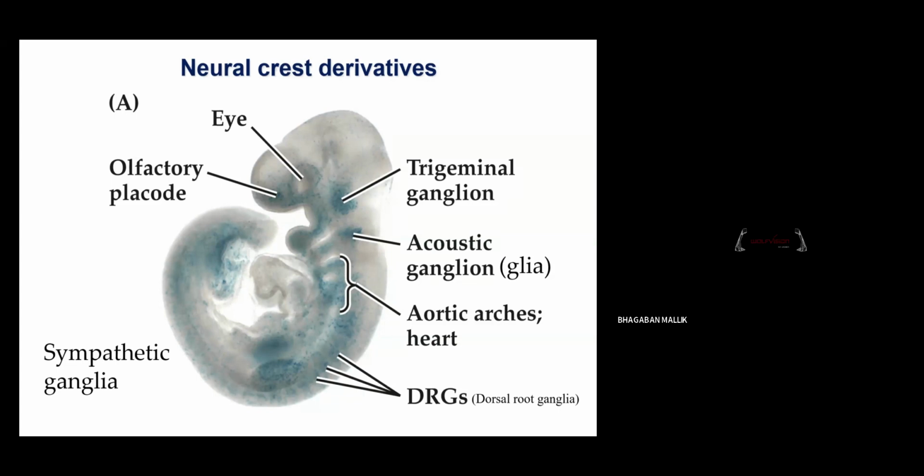So you have the generation of the eye, the olfactory system, sympathetic ganglia, then dorsal root ganglia from the neural crest cells. You have generation of glia, the trigeminal nerve, everything. Okay. So these are the derivatives. These are multipotent stem cells which can generate neurons and other tissue also.